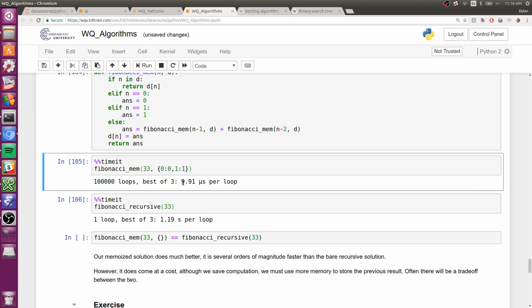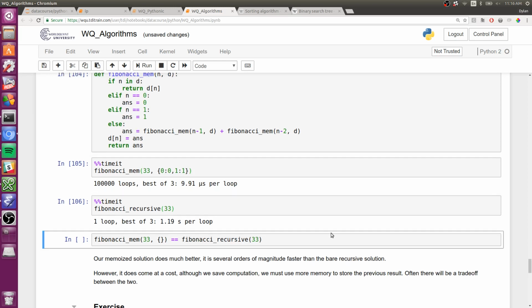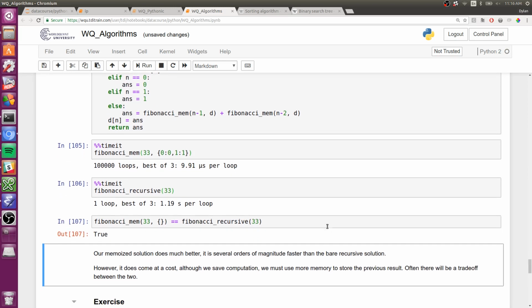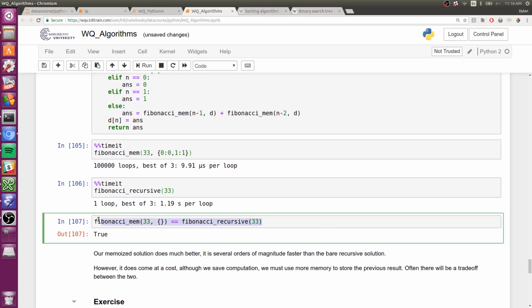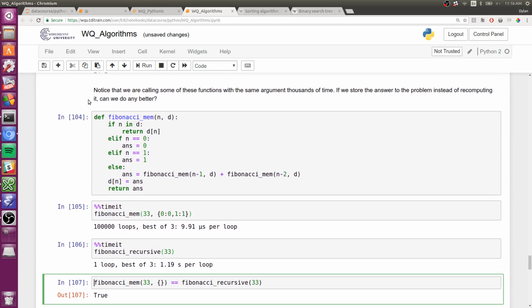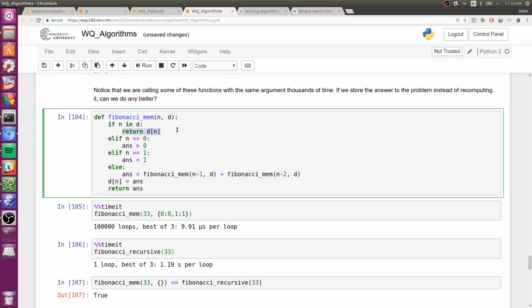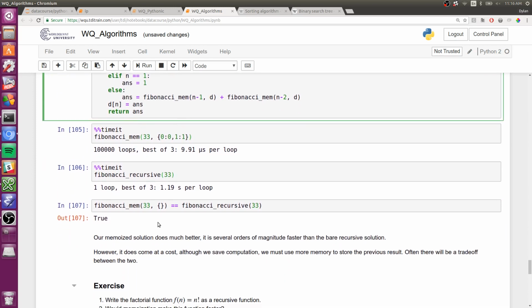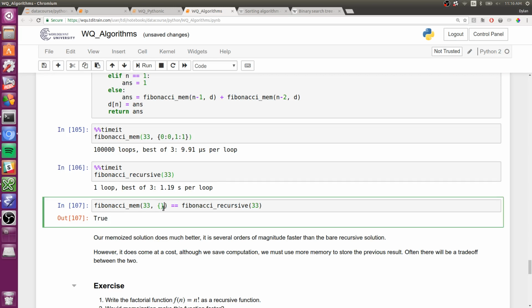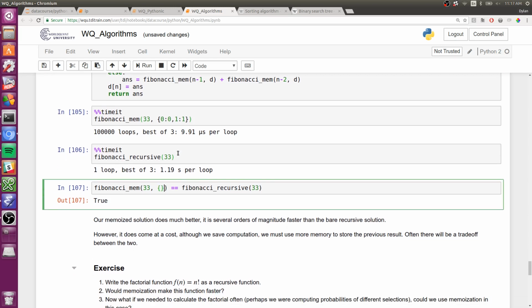Or no, sorry. It's 100,000 times slower than this memoized version. And they give the exact same result. It's purely a difference in recomputing all these answers. So this is a massive speed up.